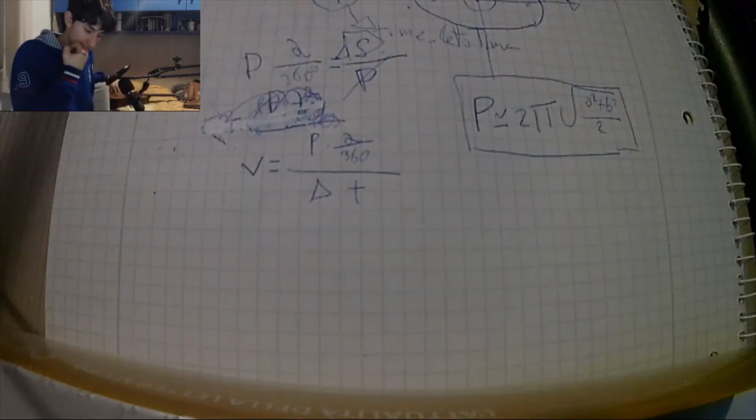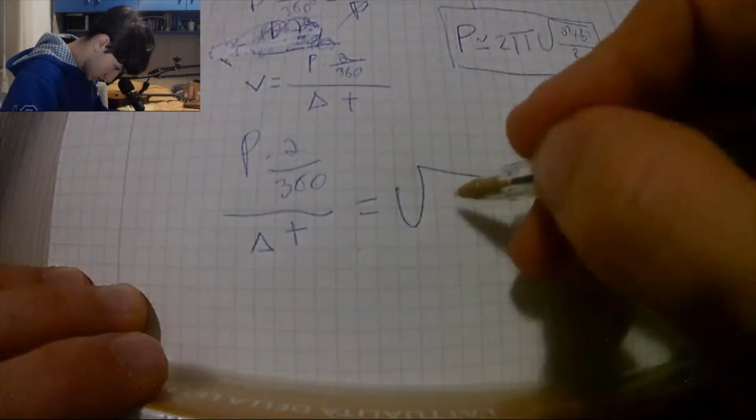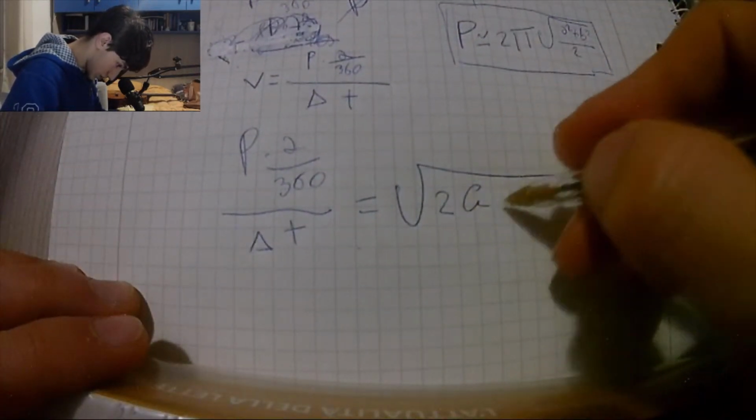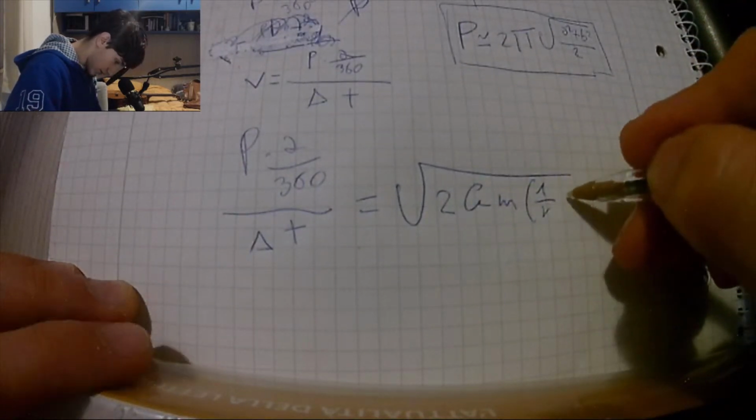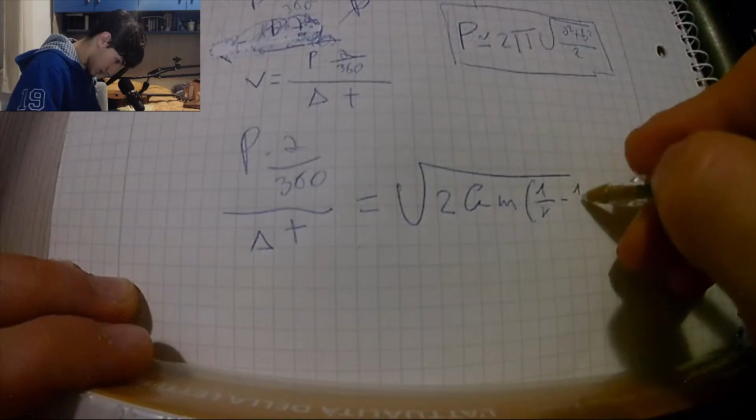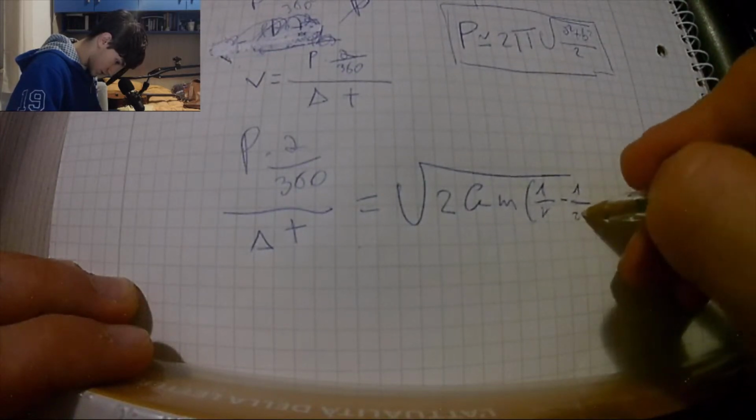So p times alpha divided by 360 degrees divided by delta time equals the square root of 2GM times 1 over radius minus 1 over 2a.